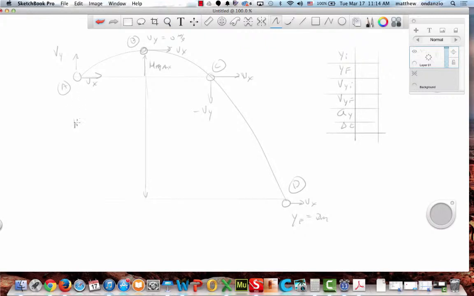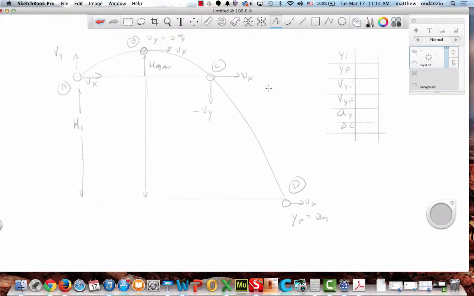Let's say this is going to be H1 from here to here. So my initial position and my final position will be one way if I'm looking from A to D. If I'm looking from A to B, the height's going to be different, isn't it? My Y final is going to be different, isn't it?